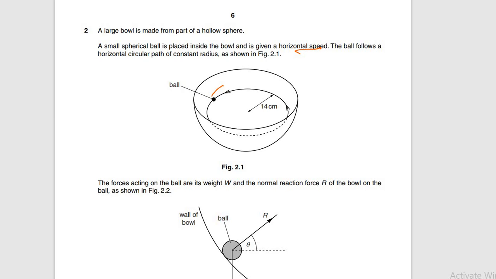The ball follows a horizontal circular path of constant radius. The radius is 14 centimeters, which will be 0.14 meters when divided by 100.